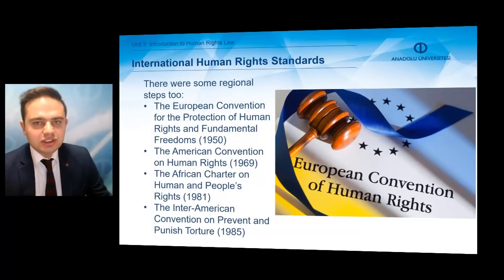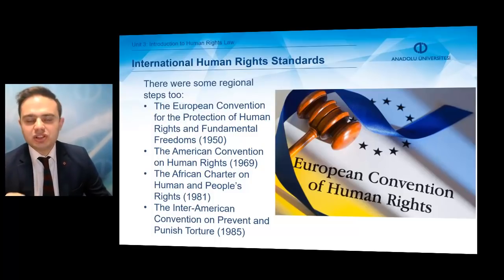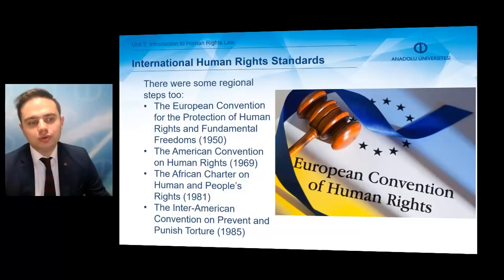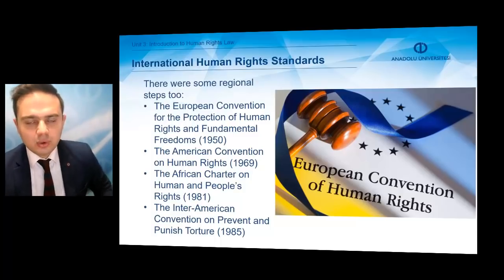Under the United Nations, protection of human rights is not the only one. There were some regional steps too. So, the European Convention for the Protection of Human Rights and Fundamental Freedoms in 1950, the American Convention on Human Rights, the African Charter on Human and Peoples' Rights, 1981, and the Inter-American Convention. These are only examples.